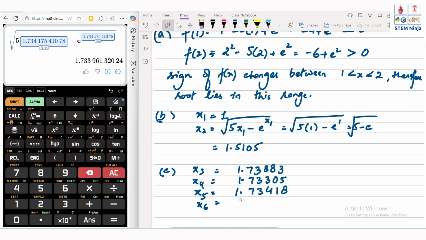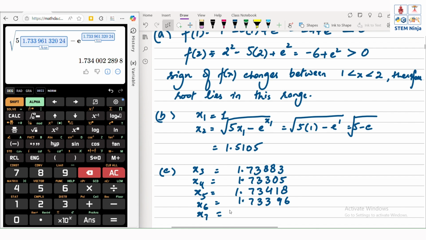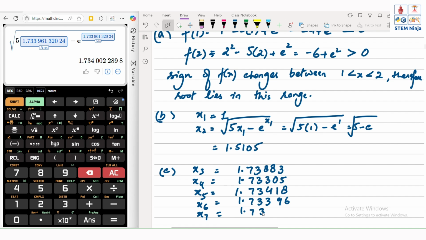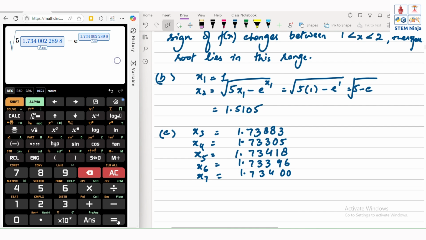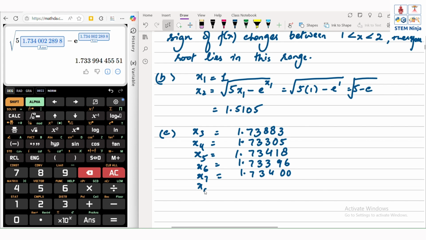We will get 1.73396, 7, 1.7340, 0. And a few more tries. 1.7339.